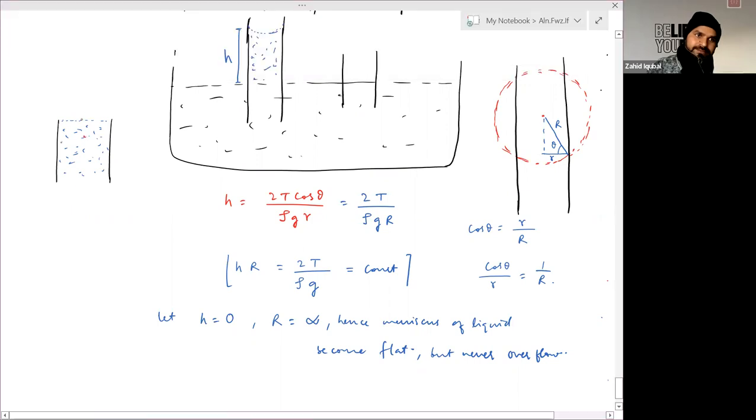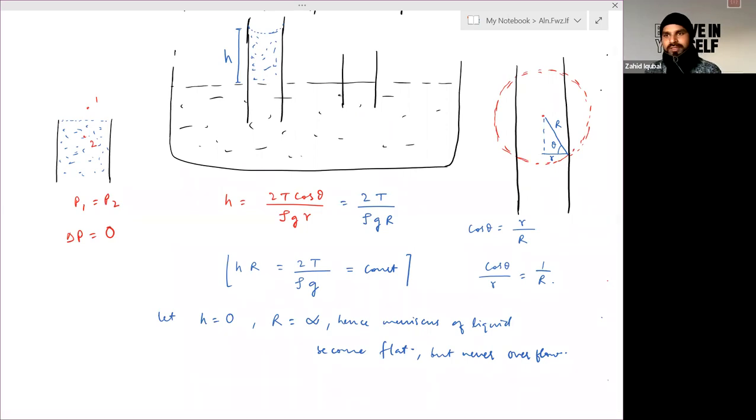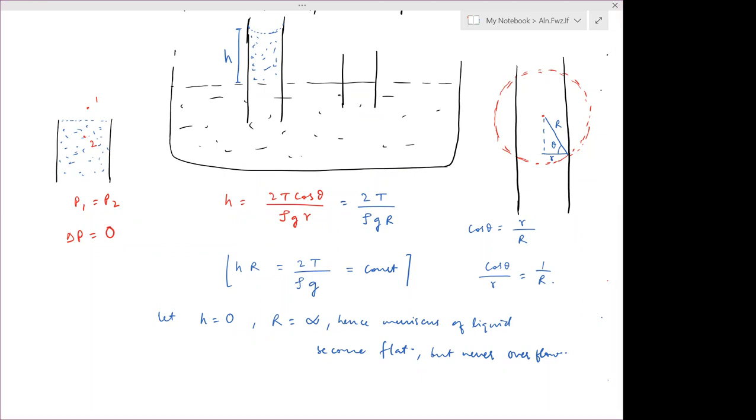At this point and this point, let's say 1 and 2, P1 and P2 become equal. So there will be no pressure difference capable of raising the liquid from that tube to overflow. Hence, the level of liquid becomes flat and there will be no flow of liquid beyond it. Is it clear? Yes, sir.